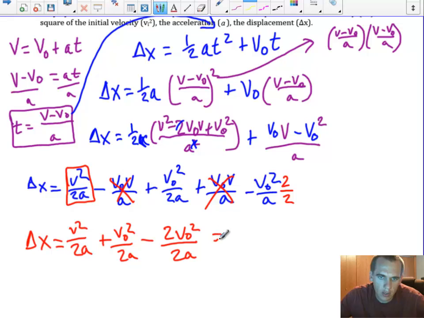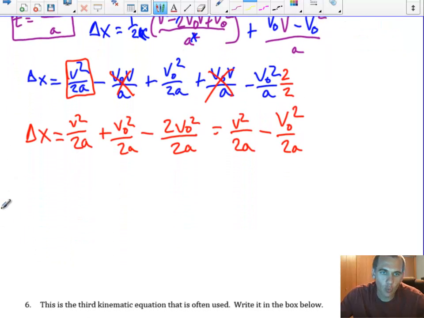Okay, so this equals, okay, I can combine these two terms, so I have v squared over 2a minus, right, 1 minus 2 is negative 1, so minus v naught squared over 2a, okay, equals delta x. So we're going to simplify this one more time, maybe 2 more times. Okay, so I have delta x equals v squared minus v naught squared, and since these have a common denominator, I can put them over that denominator, 2a.